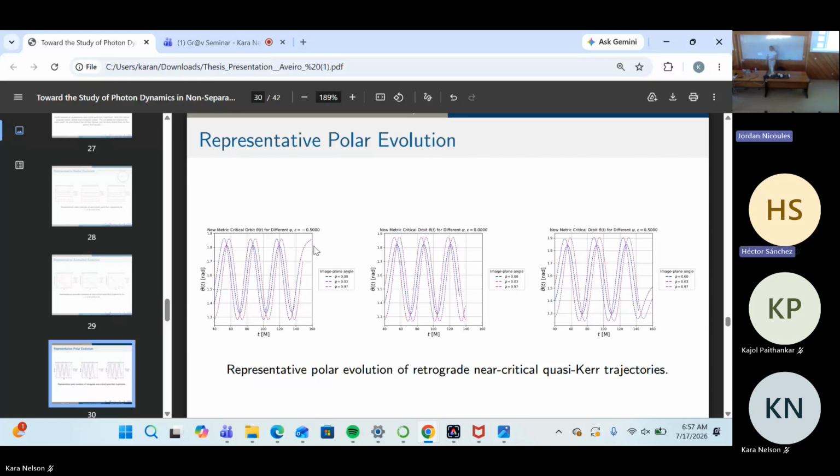Can I ask you, so these epsilon values that you're taking, how do they change the global properties of space-time? So it's a perturbative deviation from Kerr. Right, but quantitatively, how much does it change, percentage-wise, say, the mass or the angular momentum compared to the epsilon equals zero Kerr level? That I do not know. That would be interesting to see.